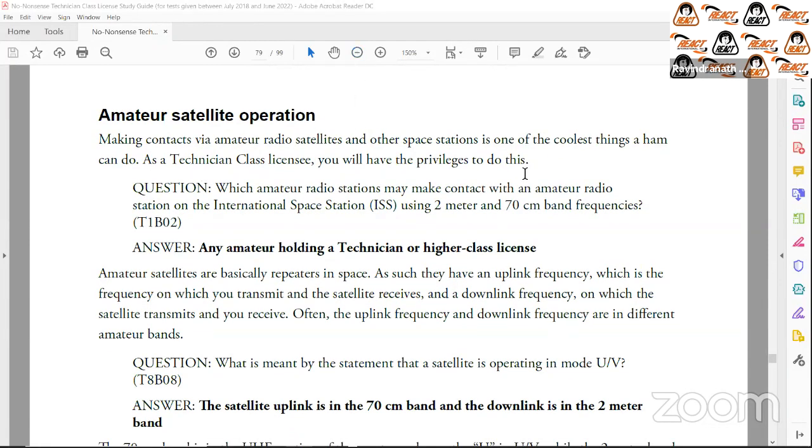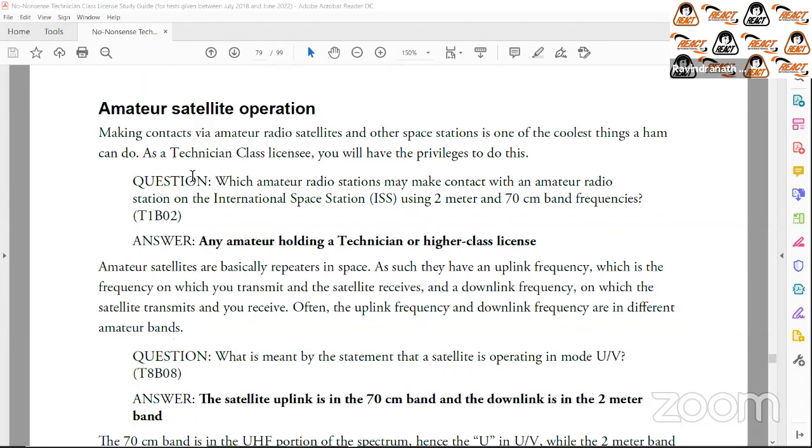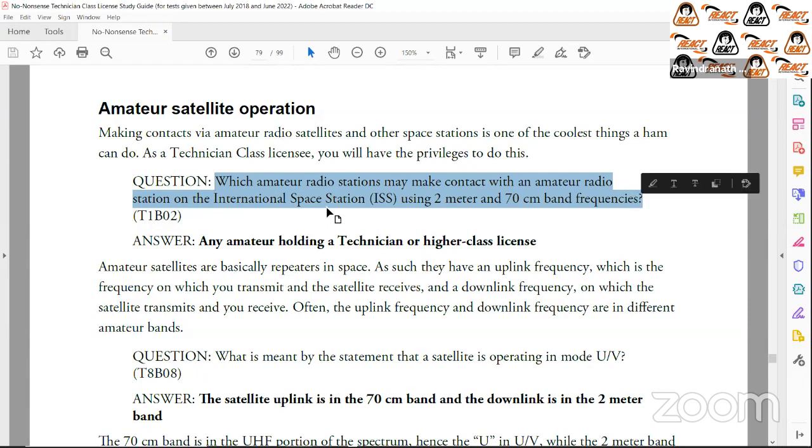All right. So continuing right along, again, to those who might have just joined, we are just quickly going through the questions in the question pool because last class we dealt with all of this theory. Which amateur radio stations may make contact with an amateur radio station on the International Space Station or the ISS using 2 meter and 70 centimeter band frequencies? And I have some really good news for you.